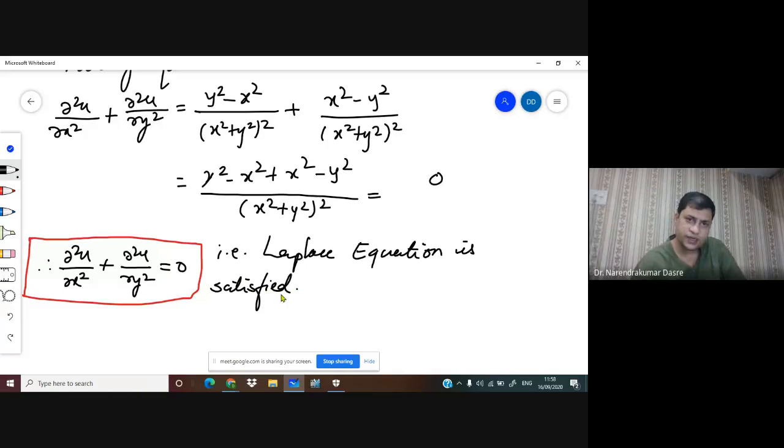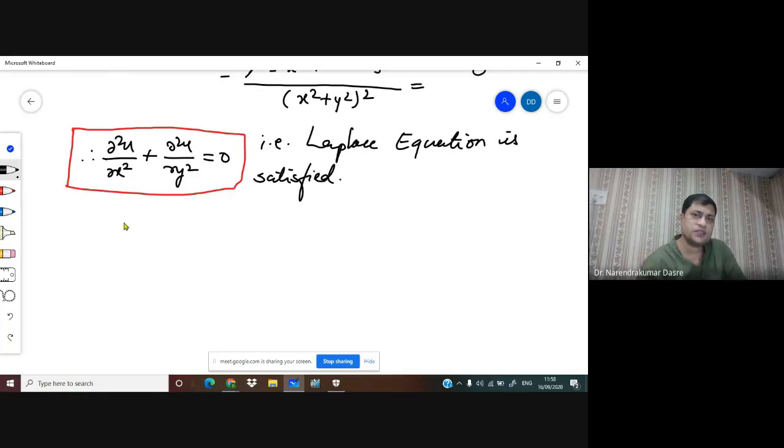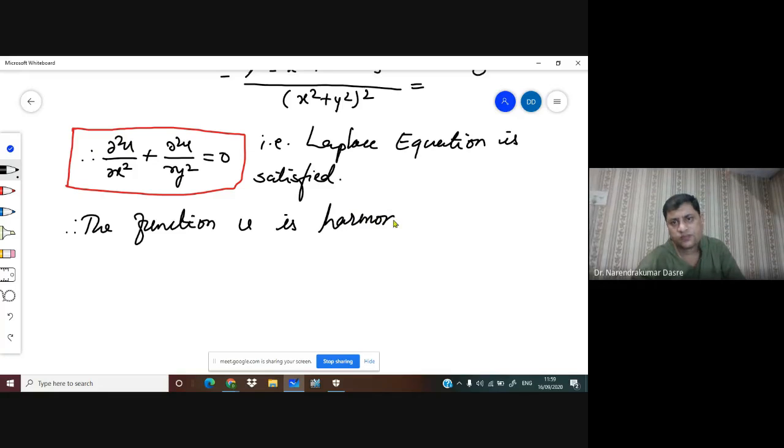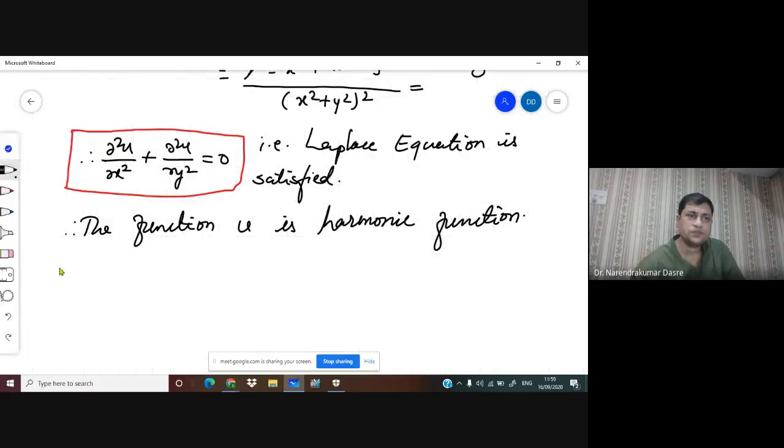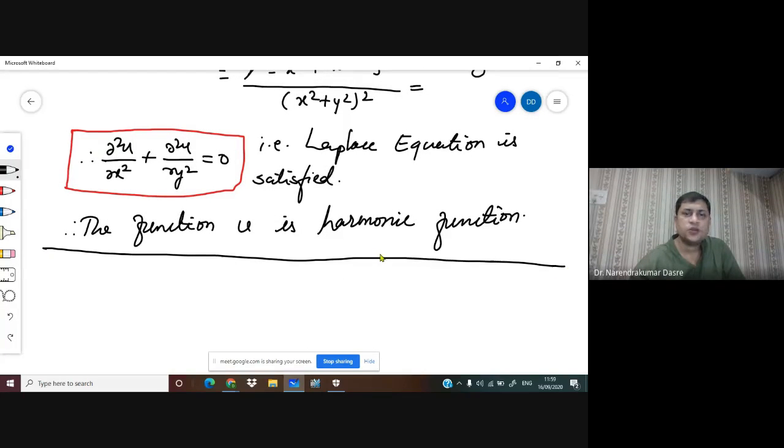Okay, so we can say Laplace equation is satisfied. And once we have the Laplace equation satisfied, we can say the function u is a harmonic function. So this way we are able to prove the function to be a harmonic function.